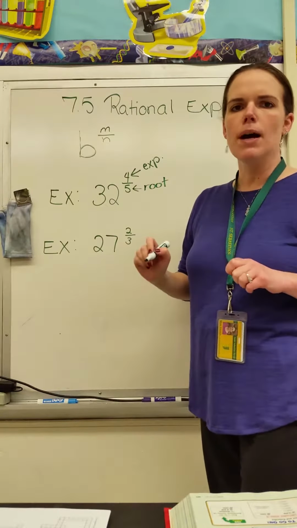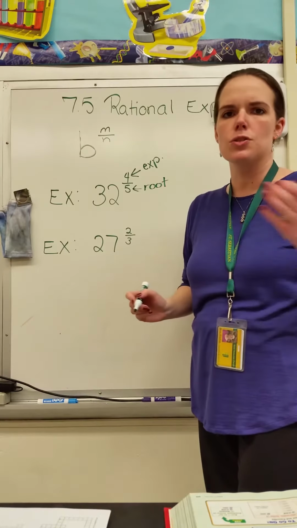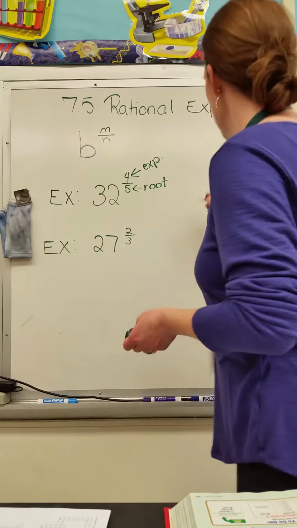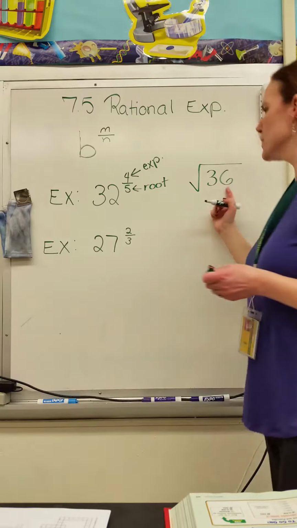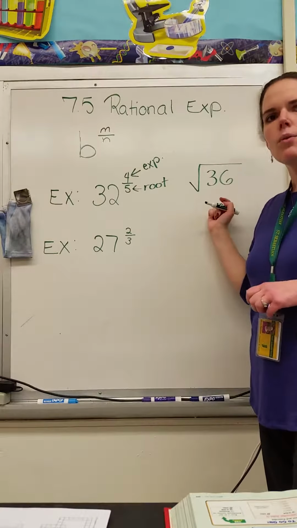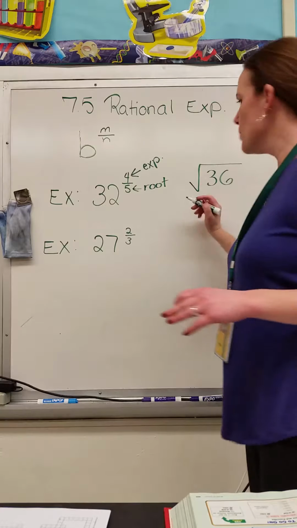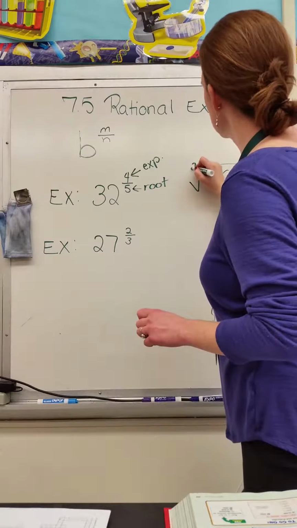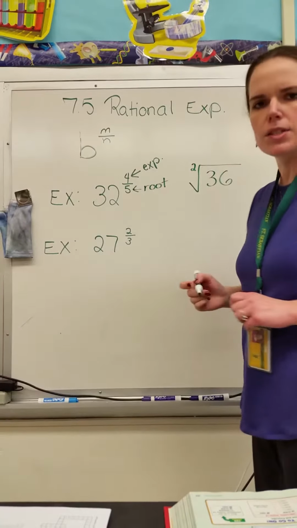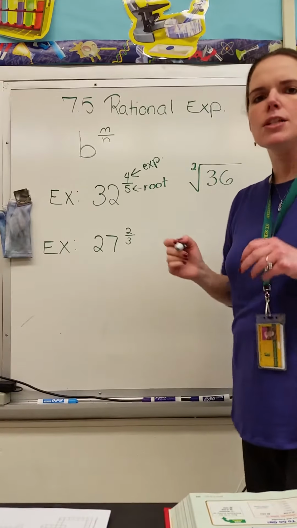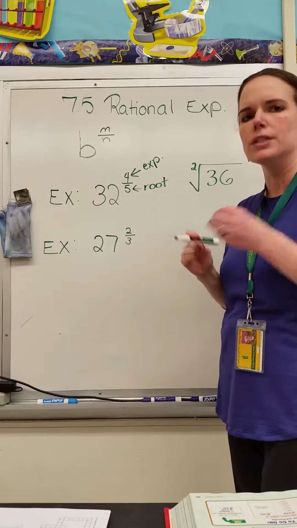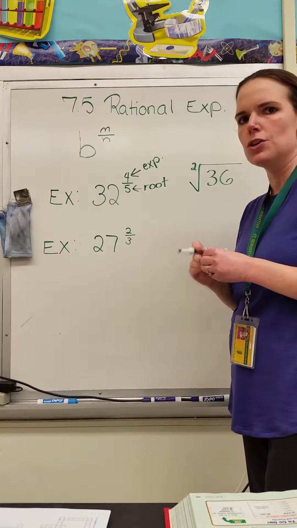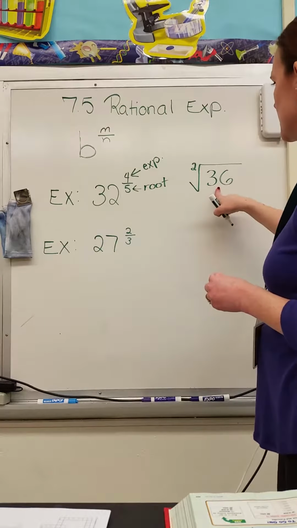So when we talk about roots, you've heard of square roots. When you have something like the square root of 36, we don't draw it, but really there's a little invisible 2 outside of the square root. What that 2 means is there are 2 numbers that when you multiply them together, you get 36.